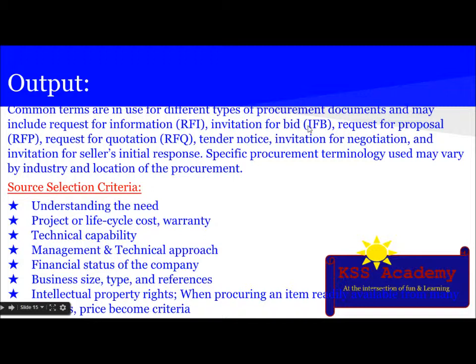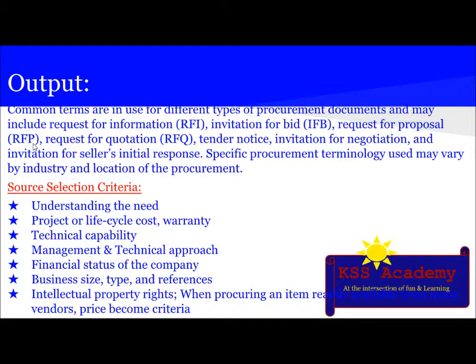It is used when the customer solicits bids for simple goods and services, such as products from catalogs. Price is the critical factor and the low bid generally wins in the case of an IFB. Then there is the RFP, which is request for proposal, generally issued to request a detailed technical proposal, and it emphasizes qualifications of bidders, including corporate information and resumes.